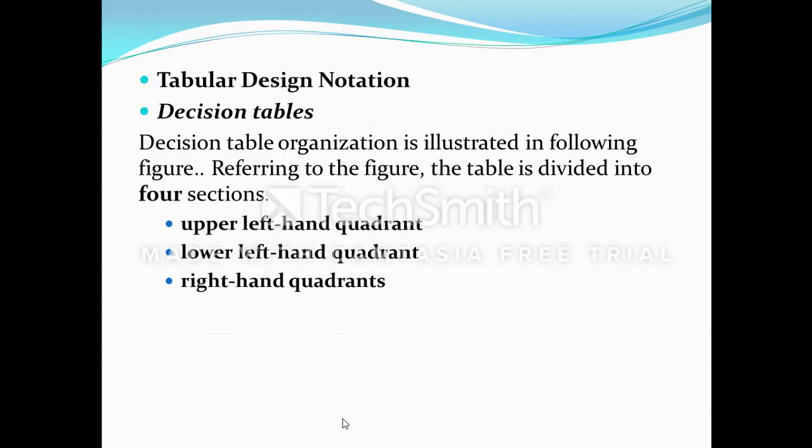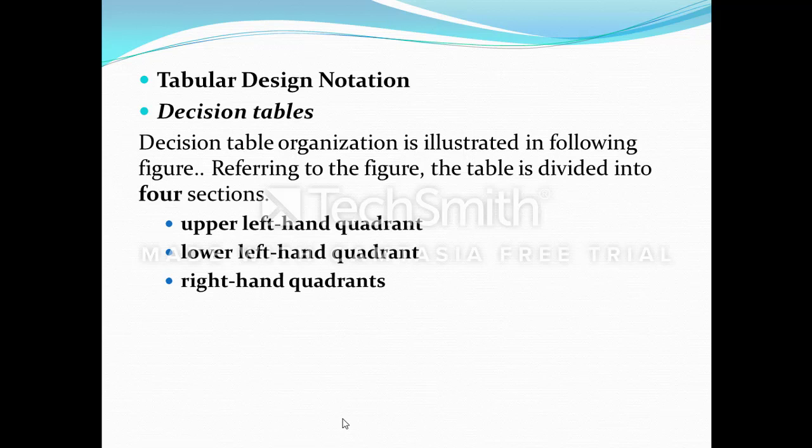Next type of notation is tabular design notation. Here tabular notations are represented by using decision tables. Decision tables provide a notation that translates actions and conditions into a tabular form. The decision table is divided into four sections: the upper left hand quadrant, the lower left hand quadrant, and the right hand quadrants, which are again divided into two parts.